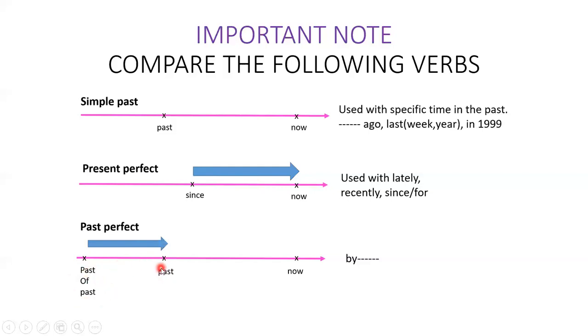So again, if two things happen in the past, one happens before the other, then what happens first comes in the past perfect, and what happens later on comes in the simple past. Notice that this point may be represented with a verb, which is the simple past, or it might be represented by a reference to a specific time in the past before which something else happened. We'll talk about this more in the examples that we will discuss.